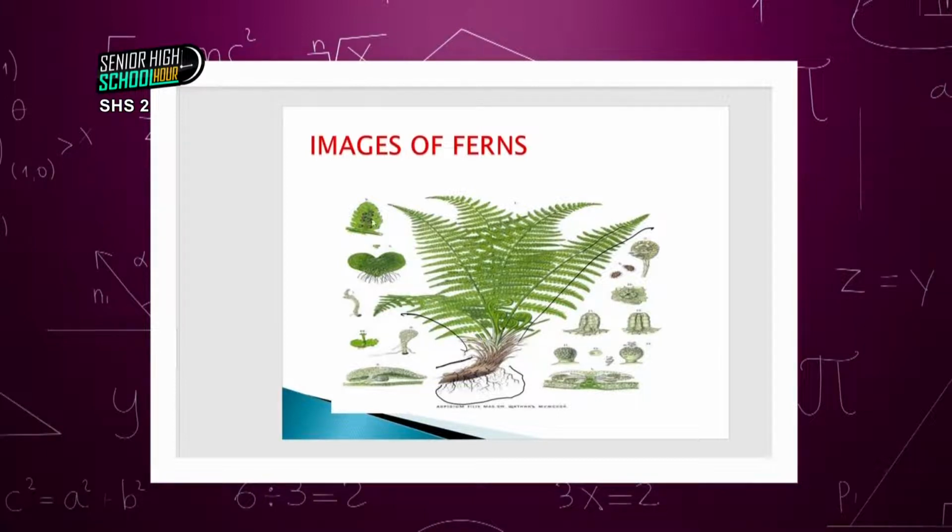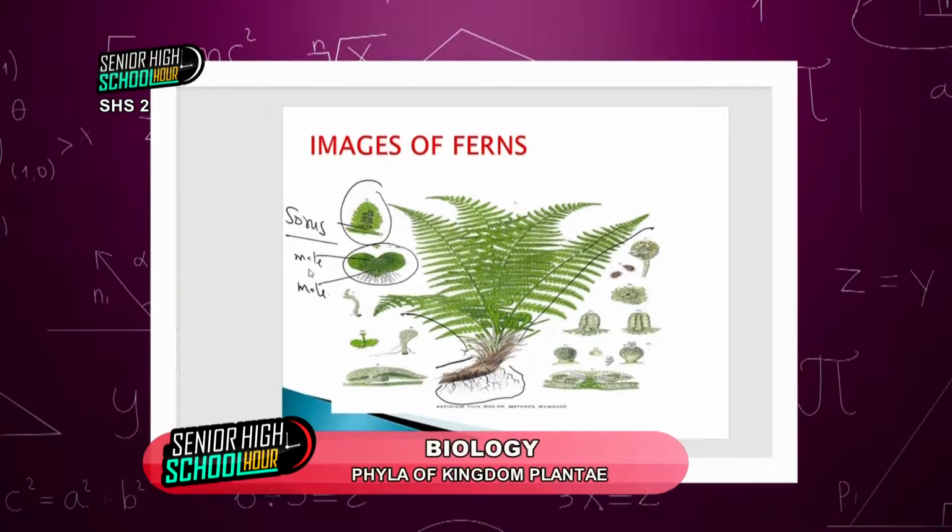Then at some point in time, look at this picture. You see some dot things at the back of the leaves called the sorus. And these ones contain the spores, which later will mature, burst, and fall down and form what we call the prothallus. And so on this we have males down and females at the top.